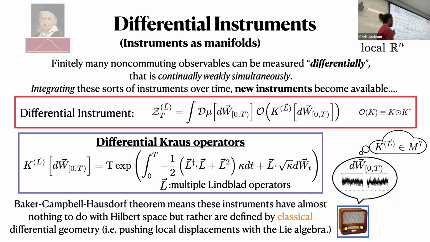I'll read this last line more carefully now: the Baker-Campbell-Hausdorff theorem means that this problem has almost nothing to do with the Hilbert space, i.e. it doesn't know what matrix it is, it doesn't need to, but rather is defined by classical differential geometry, which in this case means interpreting the Lie algebra of these observables you're given, these L's, as differential geometry.